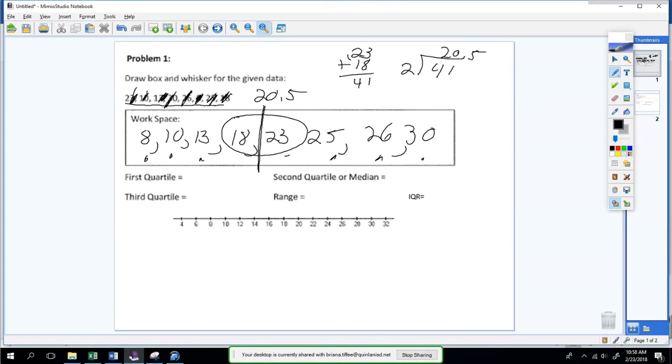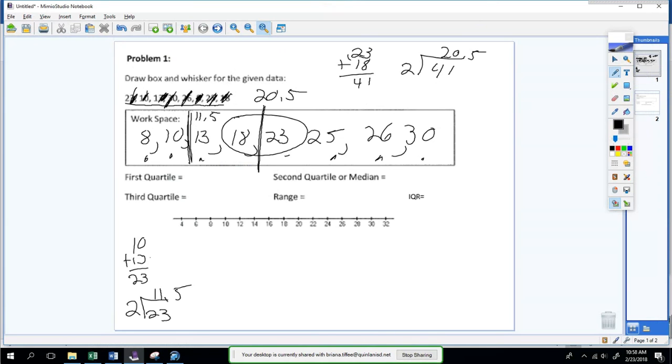I have two numbers on this side and two numbers on the other side, 10 and 13. We find the average between 10 and 13: 10 plus 13 is 23, divided by 2 is 11.5. So this is 11.5.